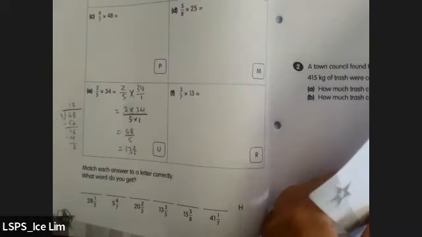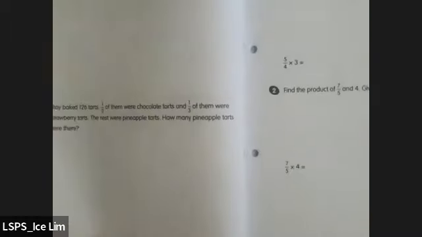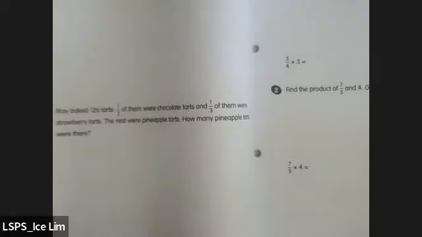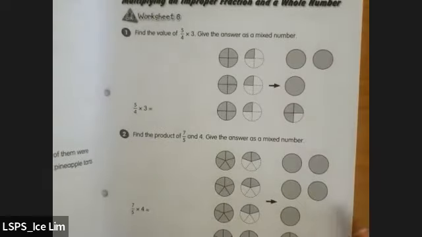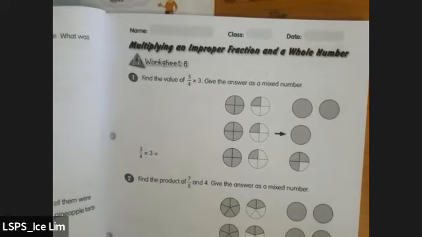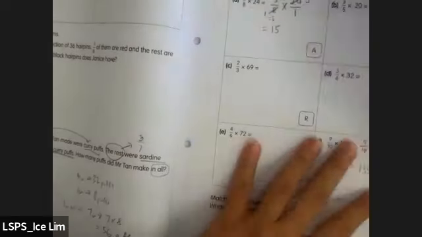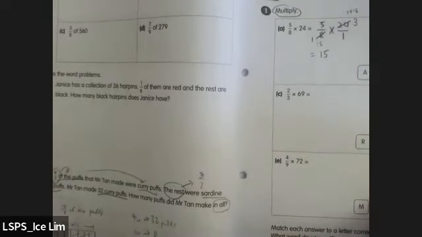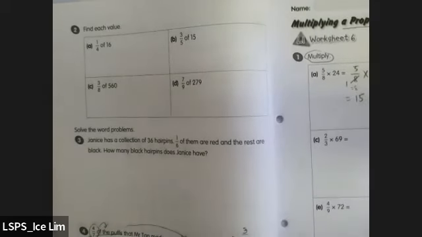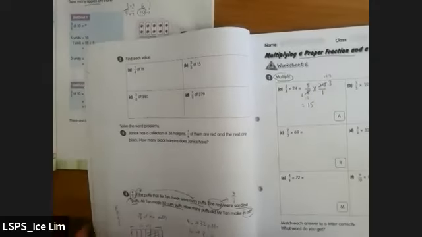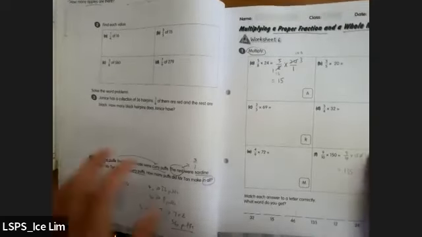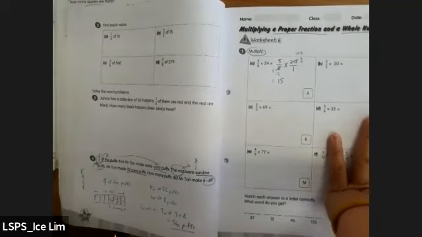On Thursday when we come back, we will finish up this portion on the word problems and start the next challenge, mixed number times whole number or improper fraction times whole number. Okay, do now. 72, 73. Who's finished already? Not yet. Okay, the one that is finished later will come out and present the answer.